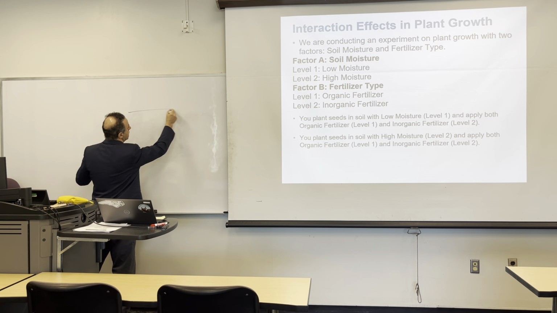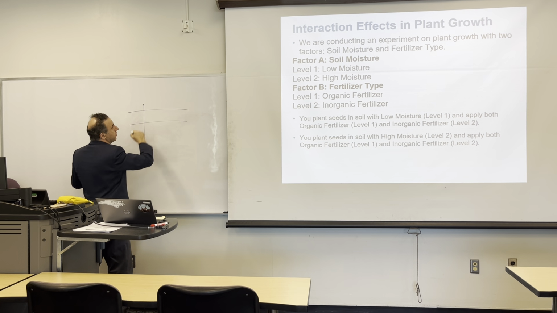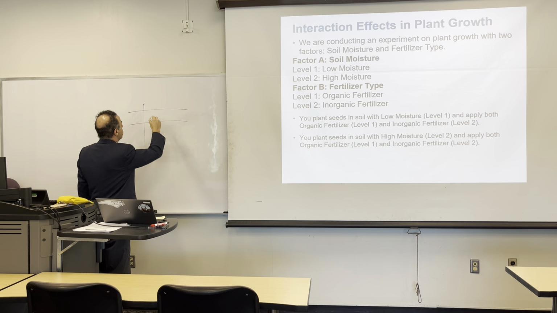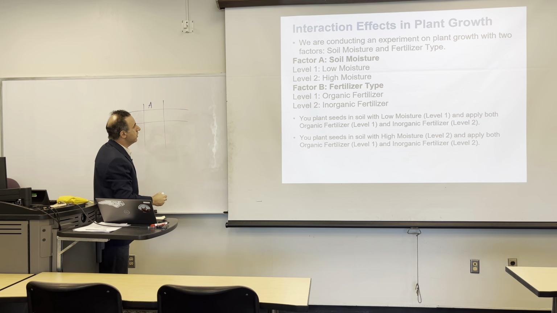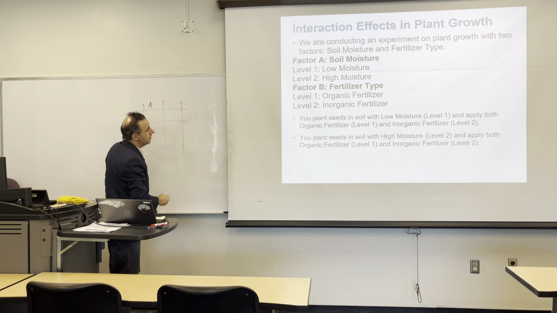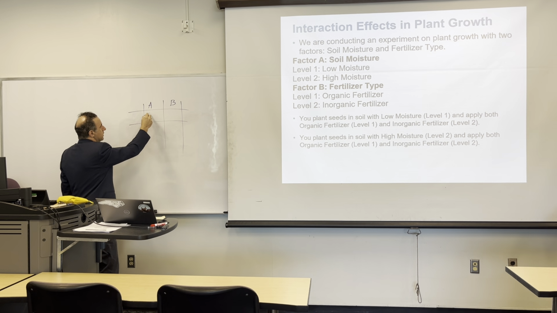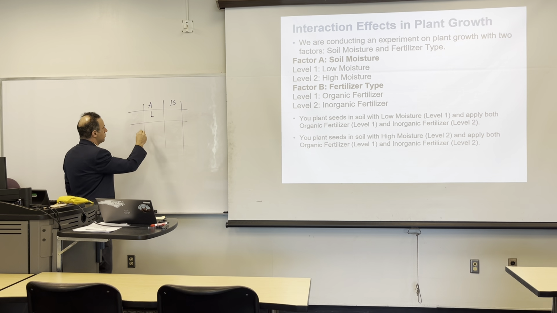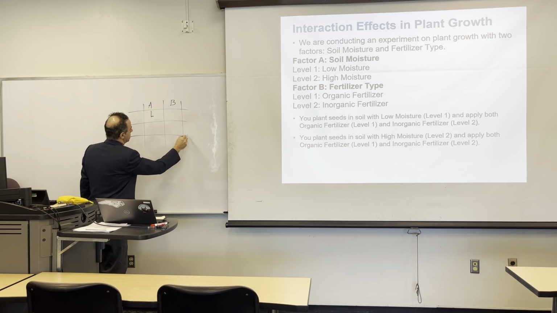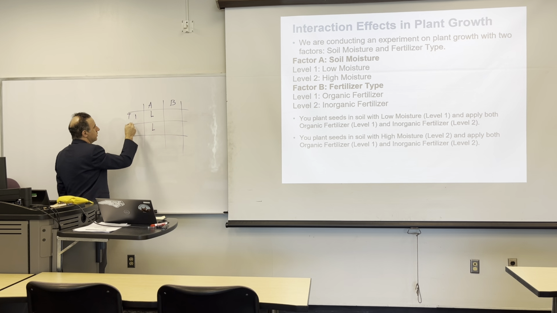Let's say factor A is the soil moisture. Factor B is fertilizer type. Low, right? Low amount of moisture. So this is test 1. Test 2.